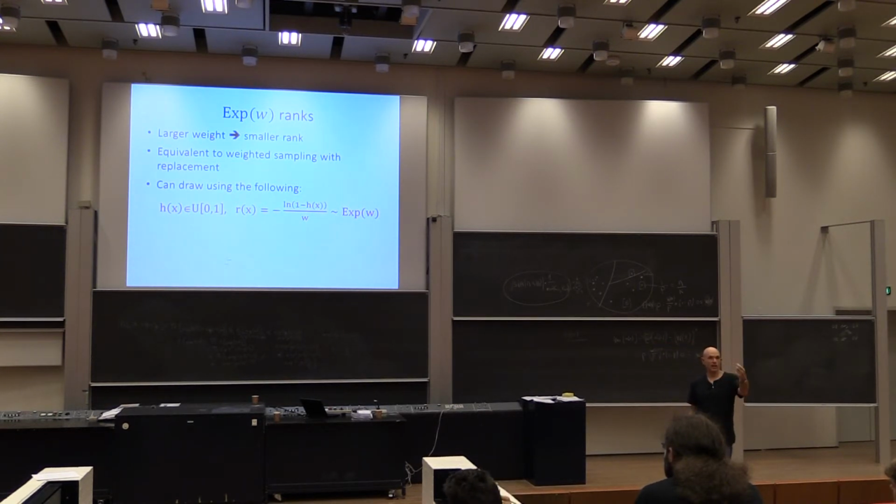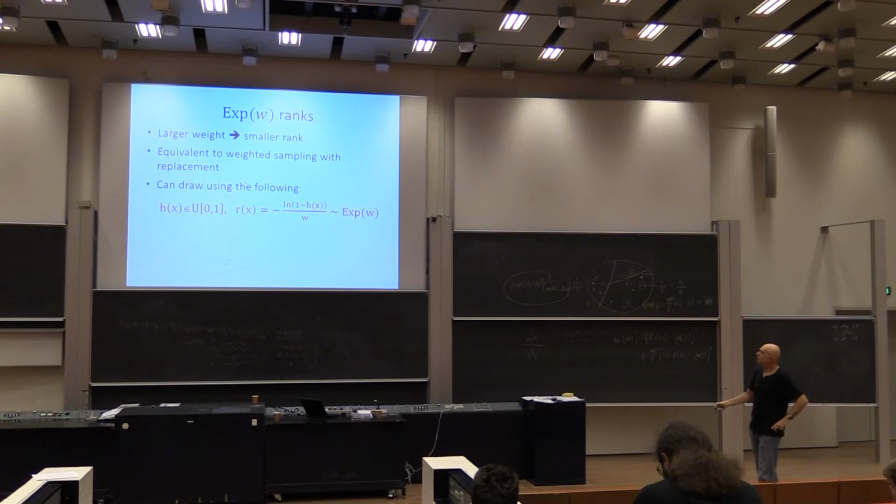So pick the first item proportional to the weight. If big W is the total weight, I sample the first item x with probability Wx over W, and then I take it away, and I sample the next one proportional to the weight from the remaining subset, and so on. Doing this exponential ranking is exactly equivalent to that, which is sometimes useful.